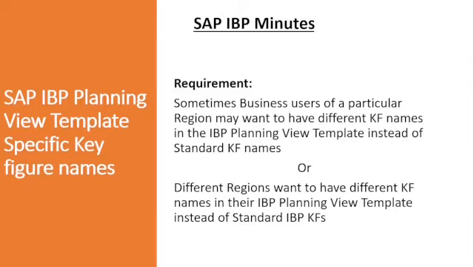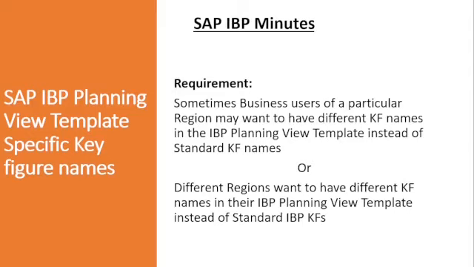Take the example of consensus demand, which is a standard key figure and is actually input for supply planning. A specific region team may want a different name for it. Instead of the standard key figure consensus demand, they may want to call it forecast, or demand.